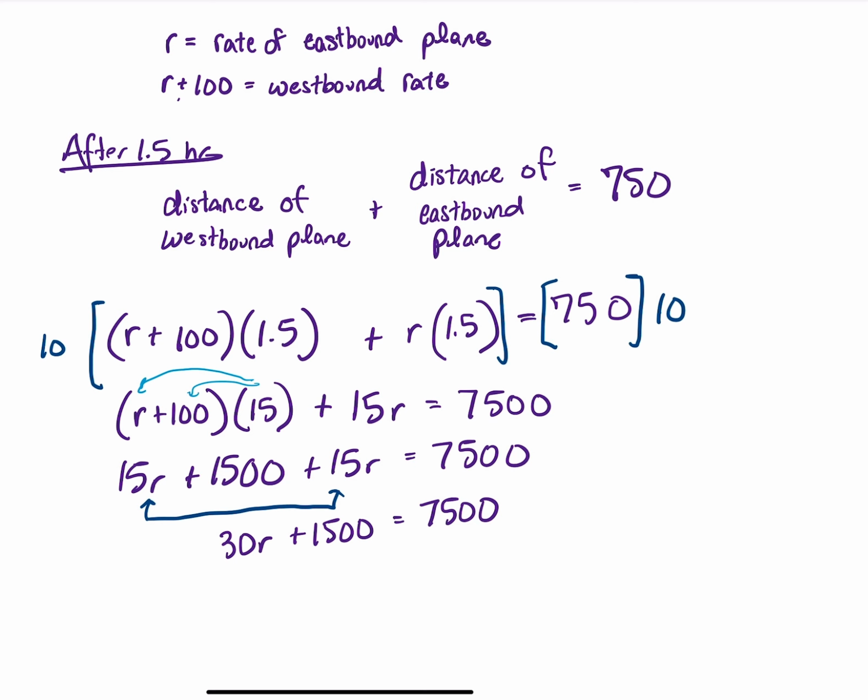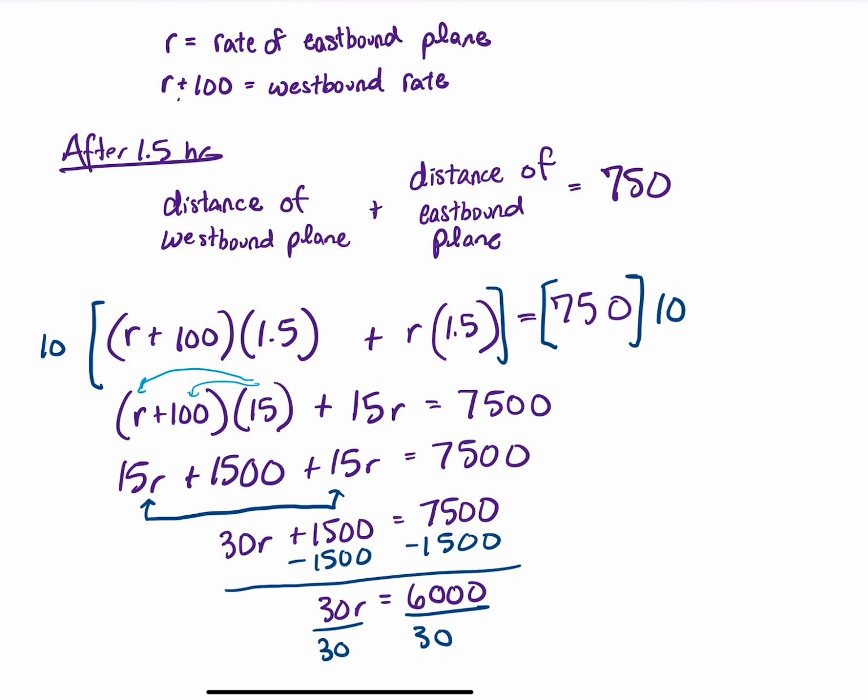Now we can subtract the 1500 from both sides. So I will get 30r, and 7500 minus 1500, that should be 6000. And then I want to divide both sides by 30 to solve for r.